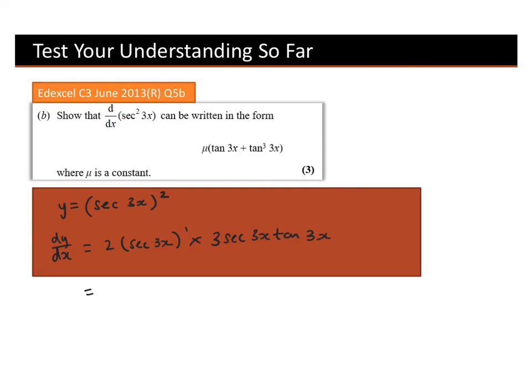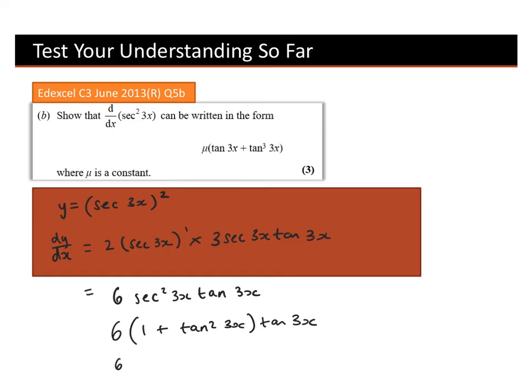So this then, 2 times 3 is 6, sec times sec, sec squared 3x, tan 3x. Sec squared is 1 plus tan squared 3x, multiplied by tan 3x.